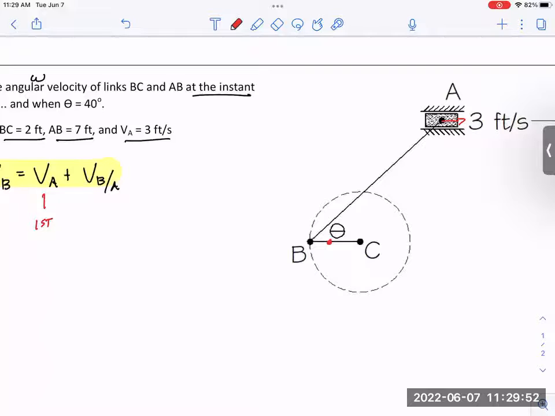So A is now here, B is now there, and therefore the connecting rod is in that position. But now we say, well, that can't happen because B actually has to stay on that dotted line.